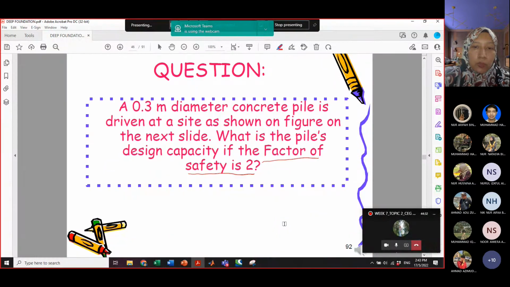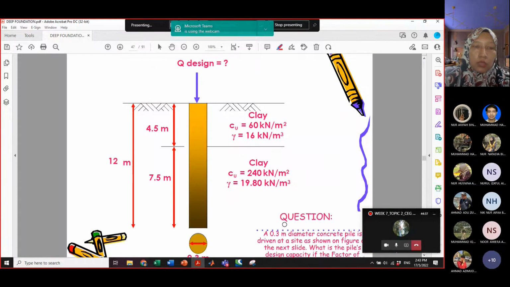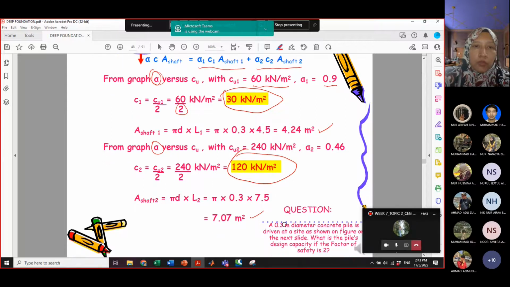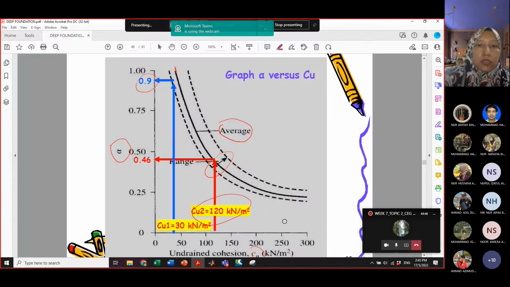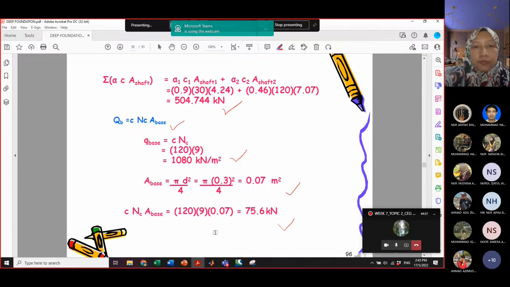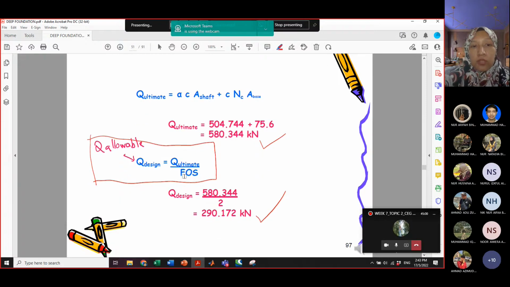From the Q allowable you get Q ultimate, and from the Q ultimate you have to estimate the last ones, for example QS and QB. So you can take this example for further study. Here I just explained what we take as the average CU to determine the adhesion factor alpha. This is what was asked in the earlier question, Q design or Q allowable.